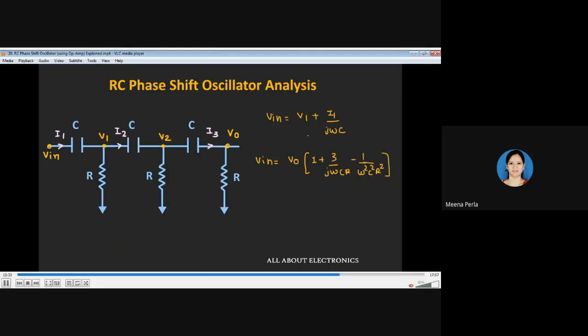So here we have just put the value of V1. Now let us put the value of I1 in this expression.